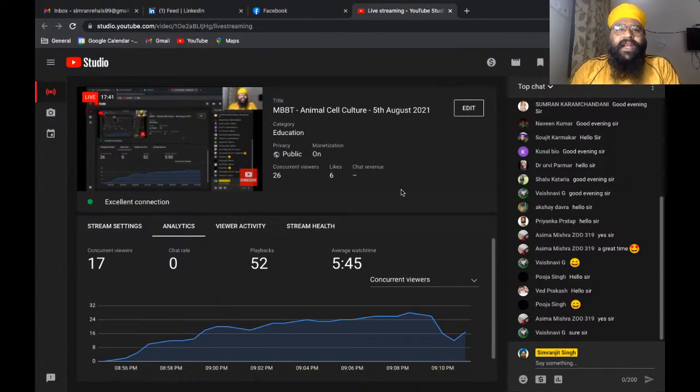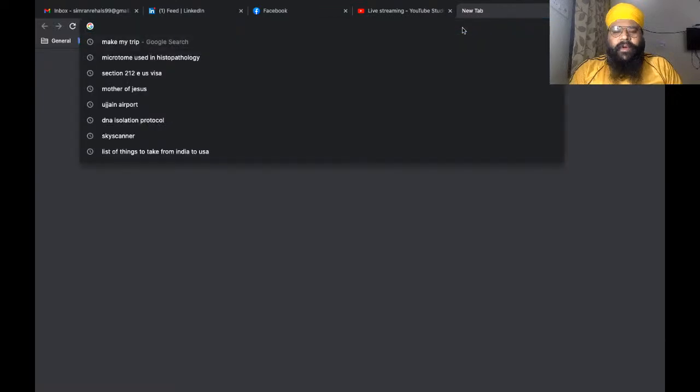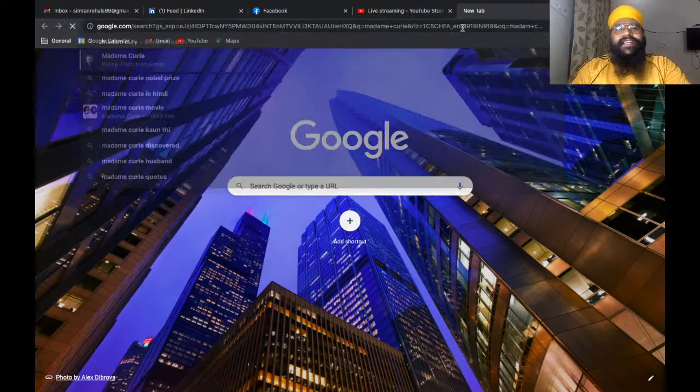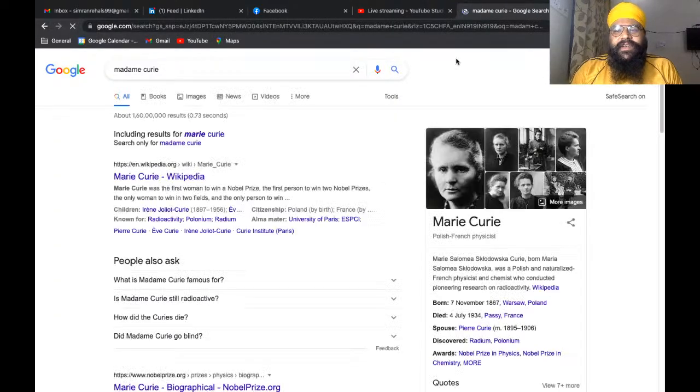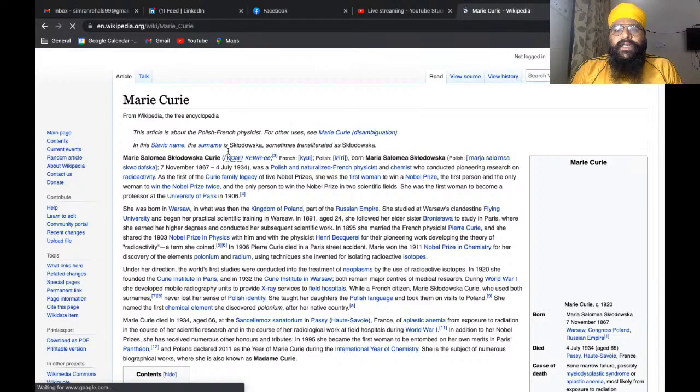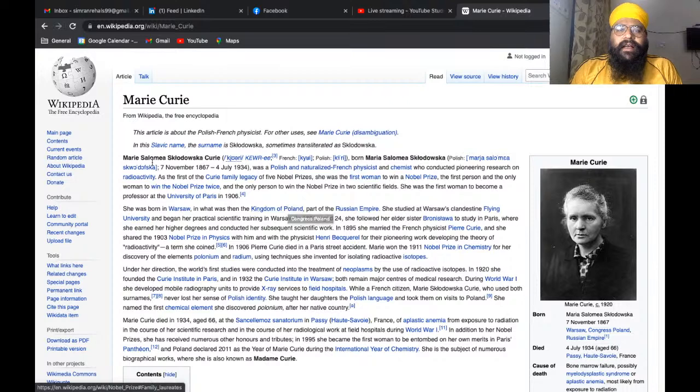Madame Curie, who discovered radioactivity and won the Nobel Prize for it, died because of the radiation. But she and her husband worked on it. She won two Nobel Prizes. She was the first woman to do so, Maria Salomea Sklodowska Curie.